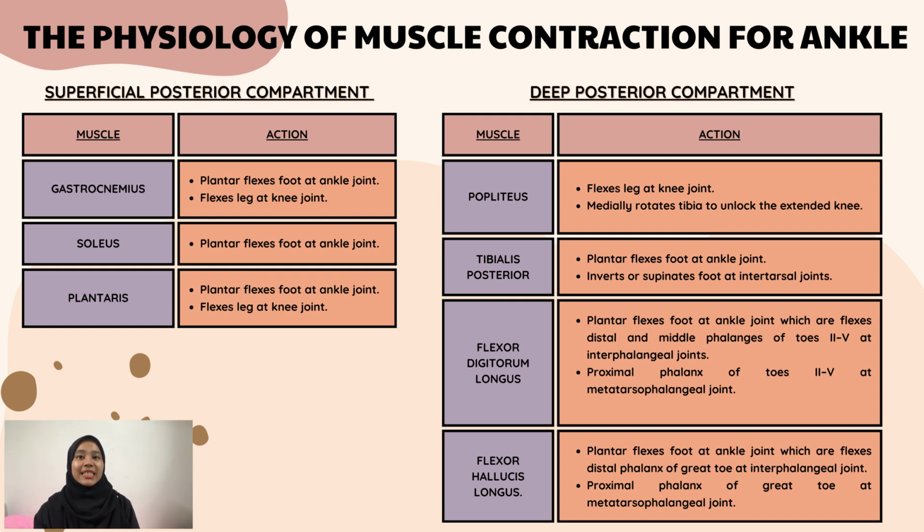Lastly, flexor hallucis longus. The action of this muscle is to plantar flex the foot at the ankle joint, flex the distal phalanx of the great toe at the interphalangeal joint and the proximal phalanx at the metatarsophalangeal joint.